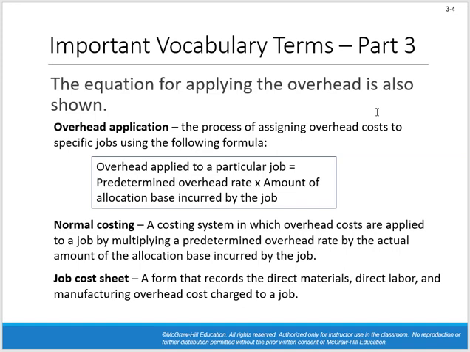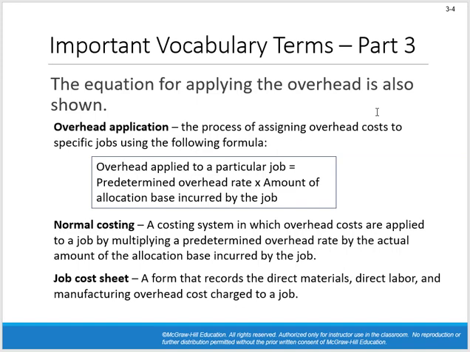Then we have normal costing, which is a costing system in which overhead costs are applied to a job by multiplying a predetermined overhead rate by the actual amount of allocation base incurred in the job. I think that's what we're doing. I just don't know that we had put a term to that yet. So normal costing is what we've been doing. Maybe we weren't aware of the vocabulary term there.